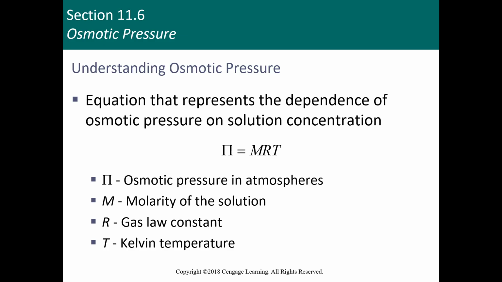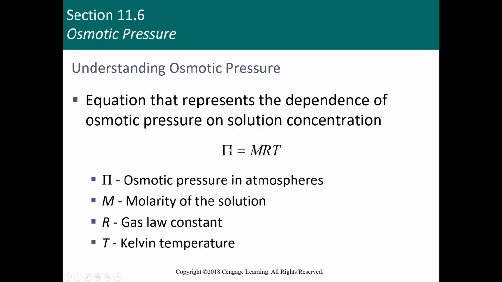All right, so this is the equation for osmotic pressure. This is actually going to show you the dependence of osmotic pressure on the solution concentration. Right here, this is the gas law constant, just like you'd find anywhere else. This right here is your temperature in Kelvin. This is your molarity of the solution.